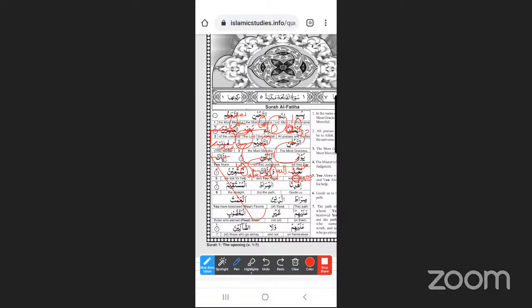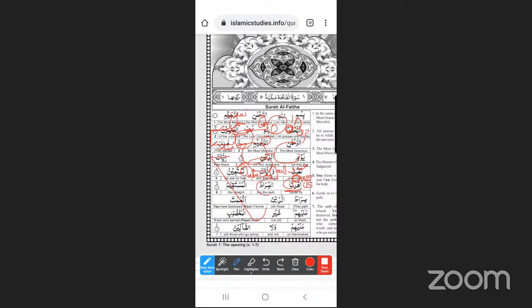Ihdina. Ihdina is an amr, it tells us. Ihdina, guide us. Na is for us. From Nahnu, Ihdina, guide us, as-sirat, to the path, al-mustaqim, to the straight path. Now, as you can see, what kind of path? Straight path.